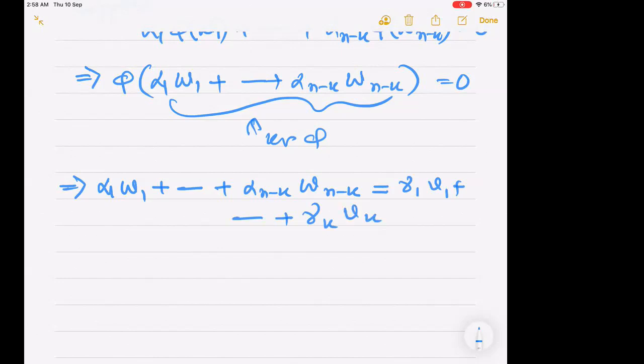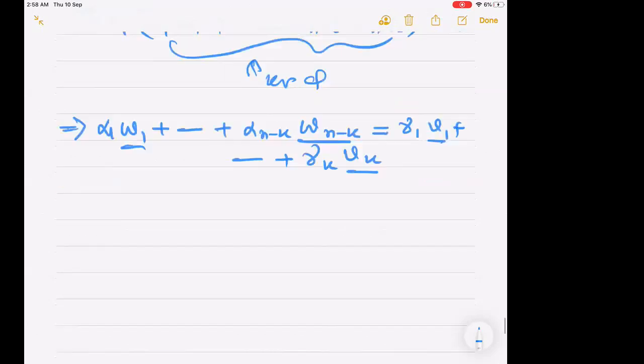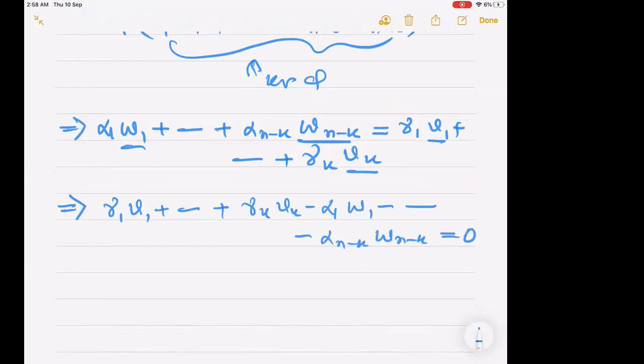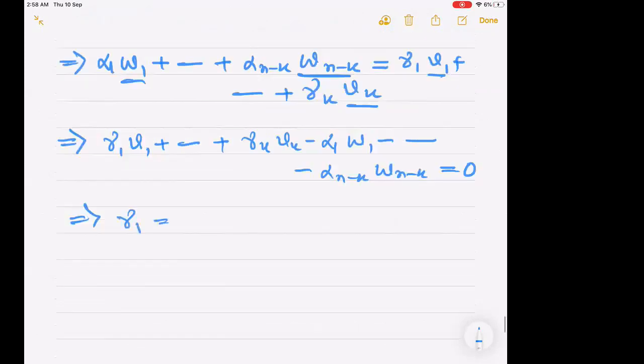But these vectors together, v1 up to vk and w1 up to wn minus k, are linearly independent. So this linear combination going to 0, that is gamma 1 v1 plus dot dot dot up to gamma k vk minus alpha 1 w1 minus dot dot dot minus alpha n minus k wn minus k equal to 0, implies gamma 1 equals gamma 2 dot dot dot equals gamma k equals alpha 1 equals alpha 2 dot dot dot equals alpha n minus k.